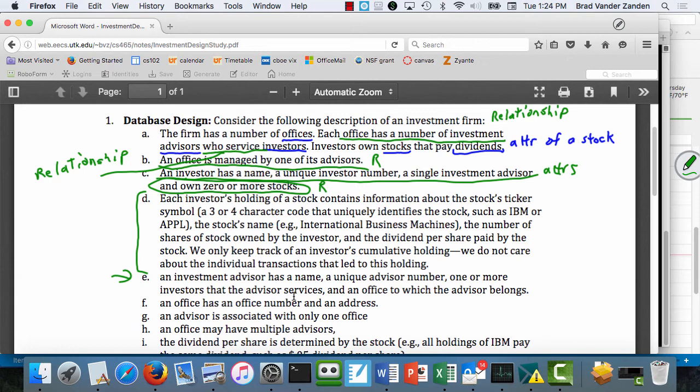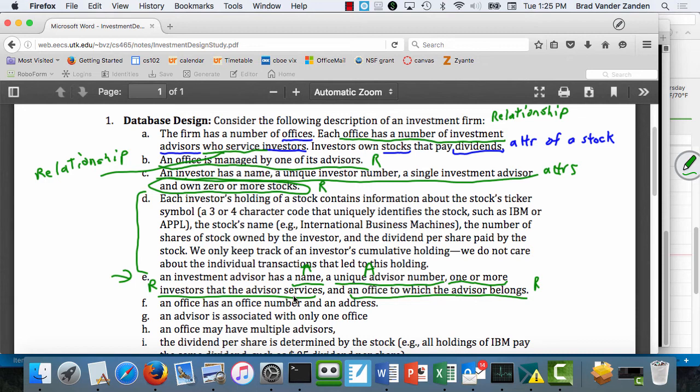Name is an attribute. Unique advisor number would be an attribute. Very good. Primary key. The next one will be a relationship: one or more investors, because investors is a relationship. And office is an entity, so that looks like a relationship.